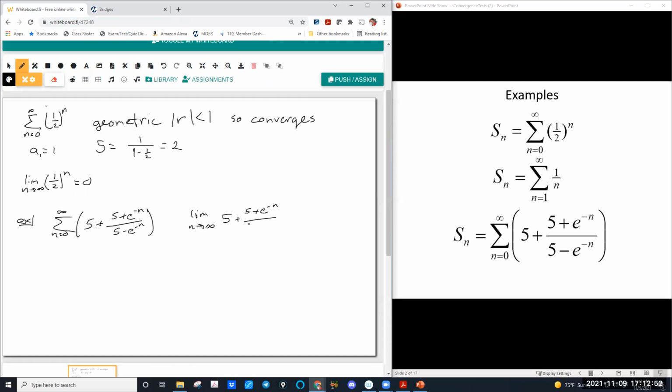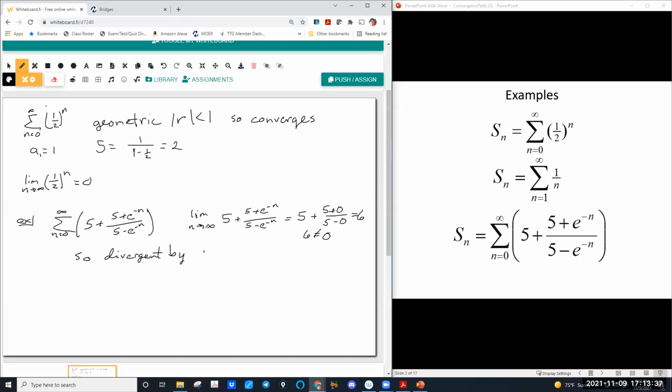Now, e to the negative n goes to 0 as n goes to infinity. So we end up with 5 plus 0 over 5 minus 0. This is basically just 1, so we end up with 5 plus 1, or 6. Well, that clearly does not equal 0. So our series is divergent.